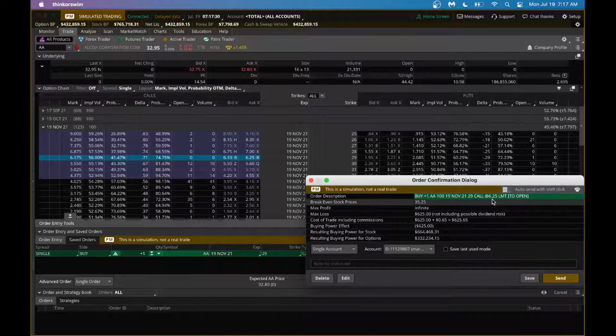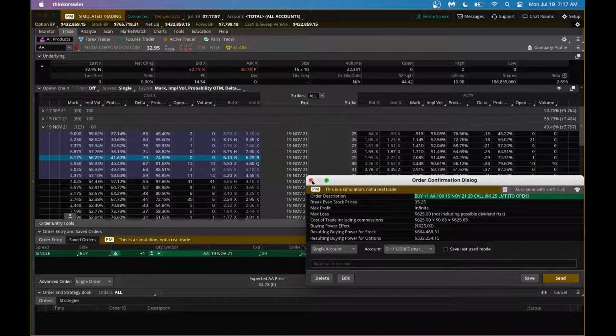And this will be profitable if Alcoa stock stays above $35.25. And for every move that Alcoa stock makes, the option will go up or down by 71 cents, as you can see here right now. Your max loss is the premium that you paid, which is $625. So this is one way to play.